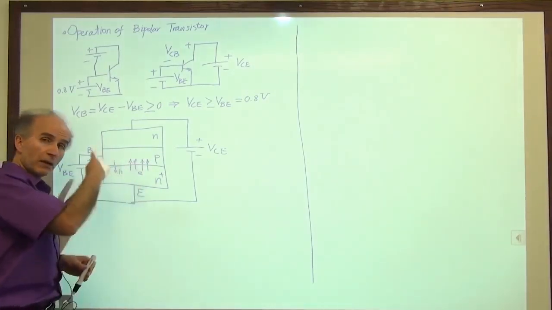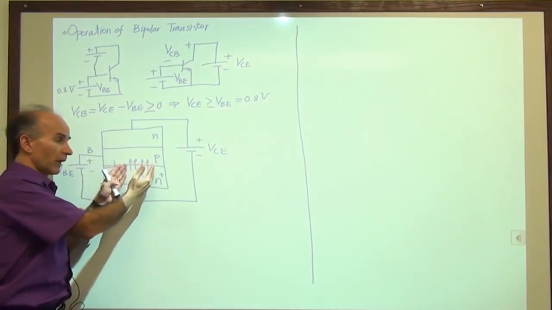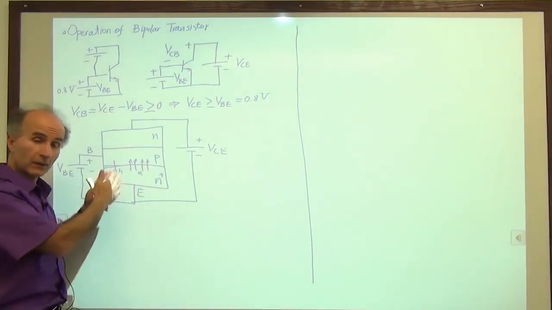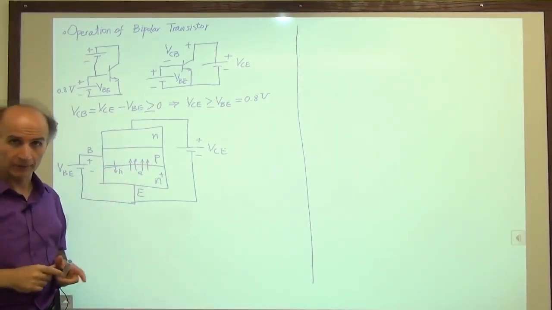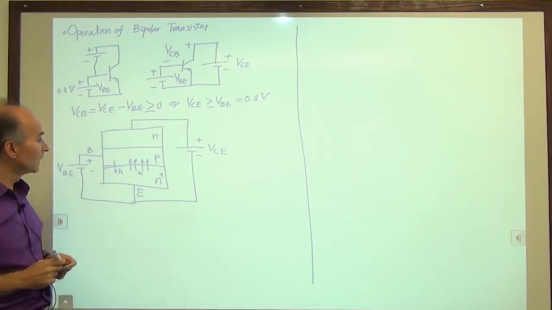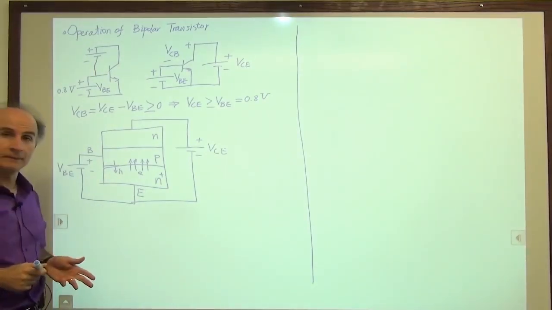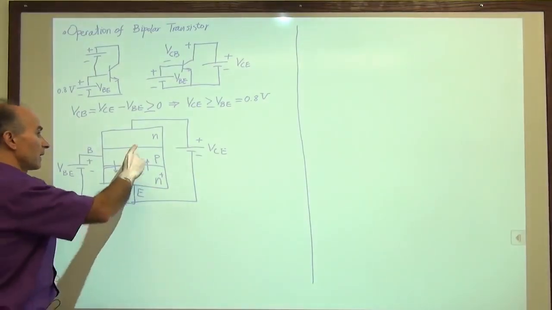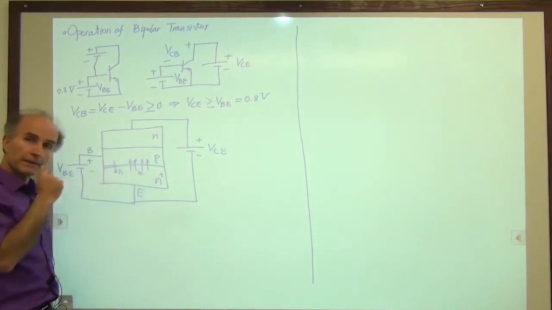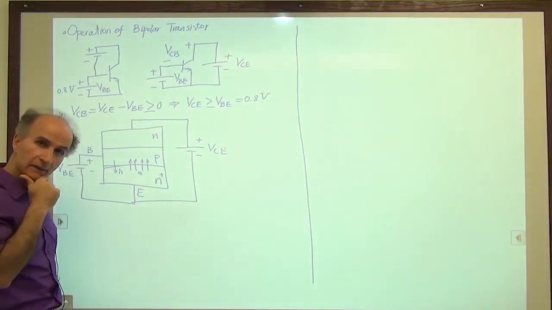Now the current is going on all the time. So we measure it, we see that the current of electrons is maybe 100 times the current of holes, as an example. Okay, very good. But then, is that it? In other words, if this junction is reverse biased, does it mean that it has no current?